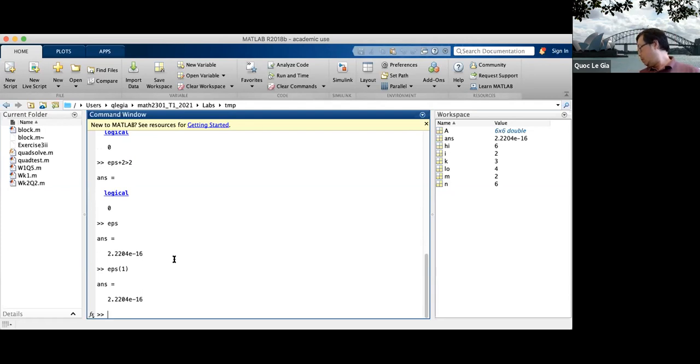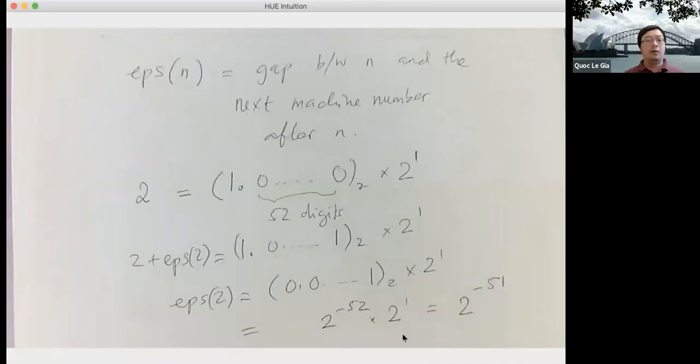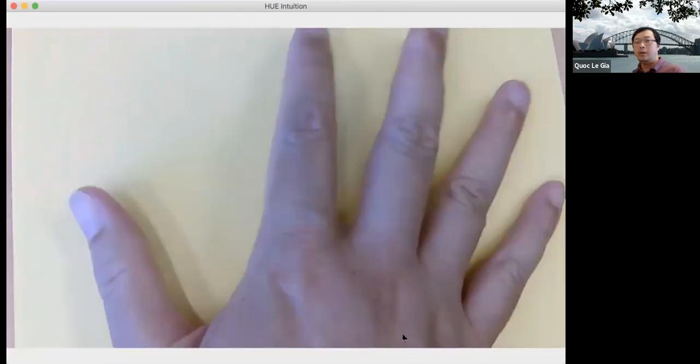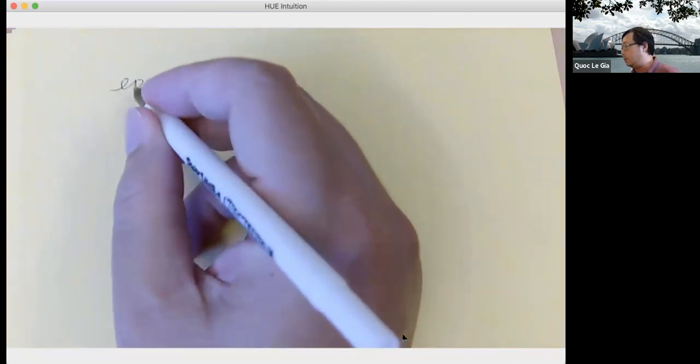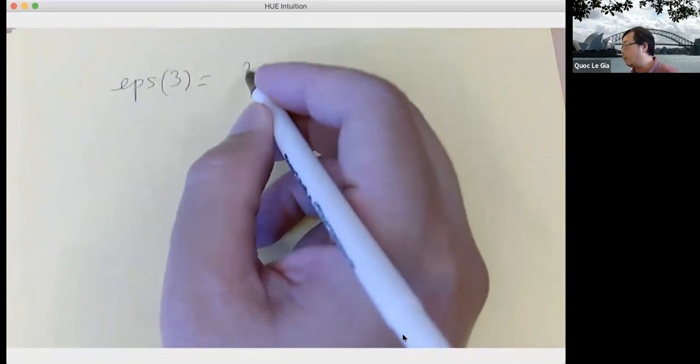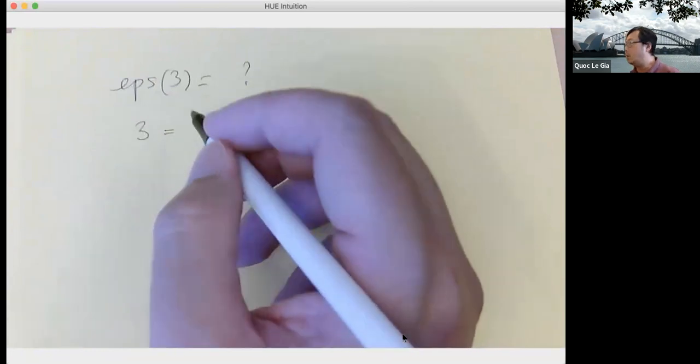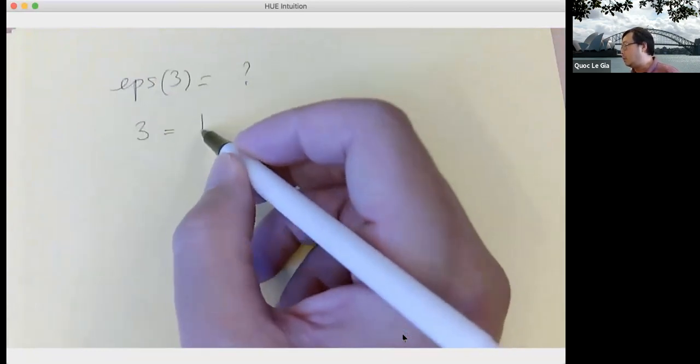Okay, so one more example. What is epsilon of 3 and epsilon of 4? We do the same. What is epsilon of 3? First you have to expand 3 in binary, and then put it in normalized form.